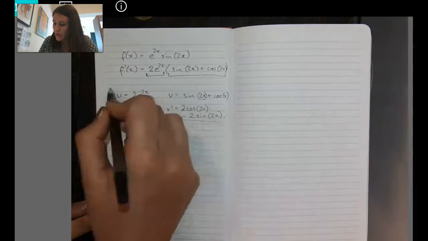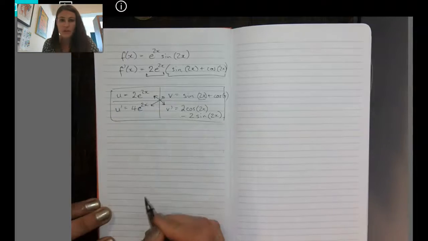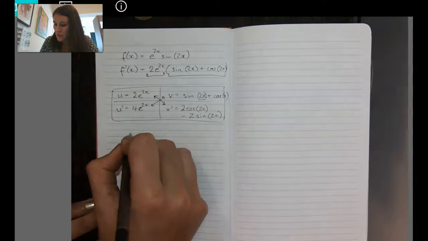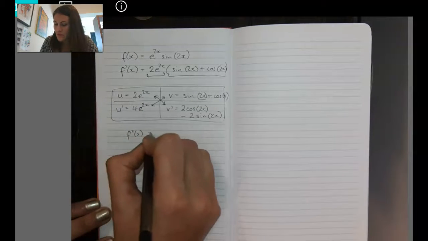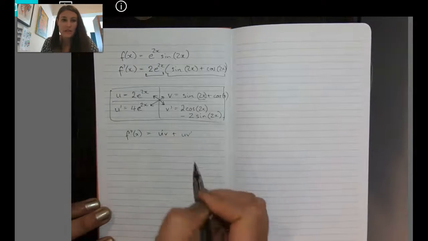So we've got our 4 parts, and the rule says that we multiply those 2 parts and then we multiply those 2 parts. So f double dashed of x is u dashed v plus u v dashed.